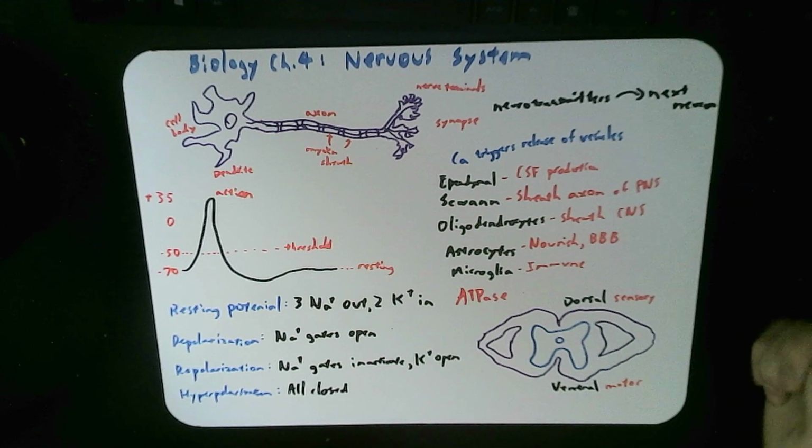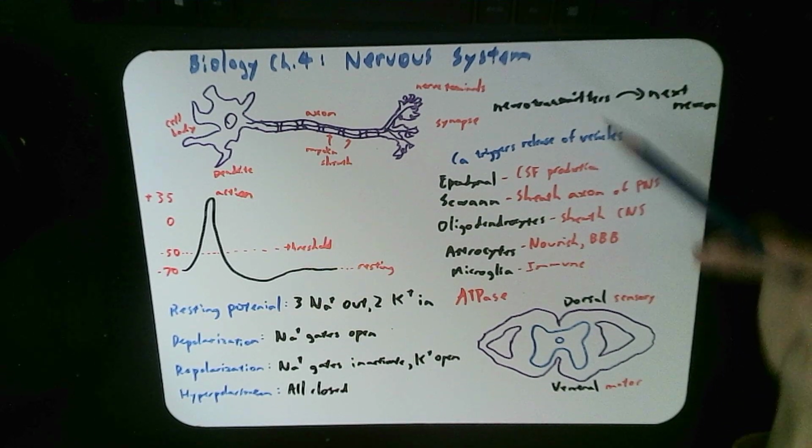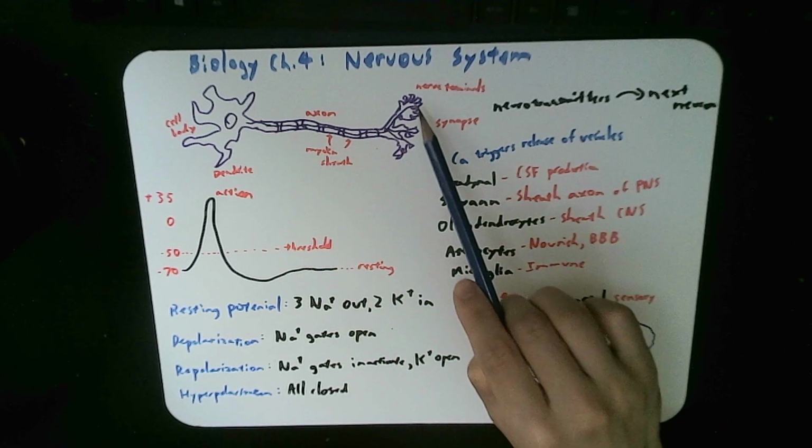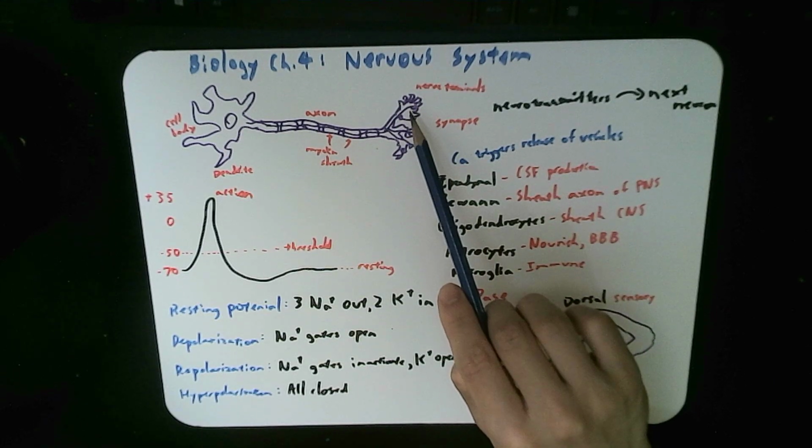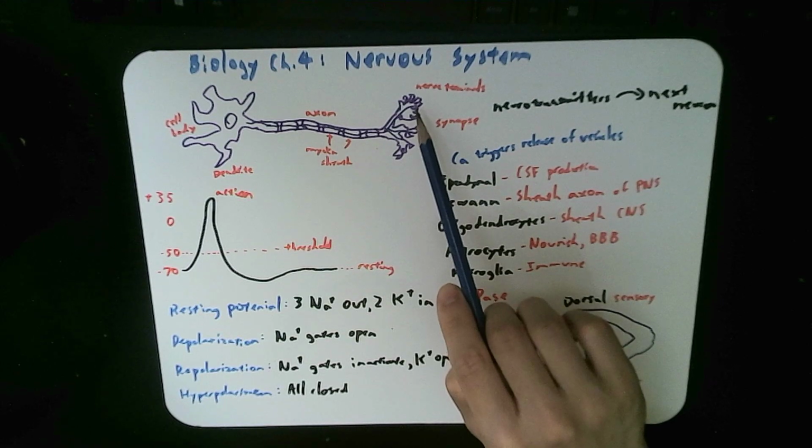Alright, so how does the neurotransmitter work? Well, they are originally kept in little vesicles in the synaptic terminal.